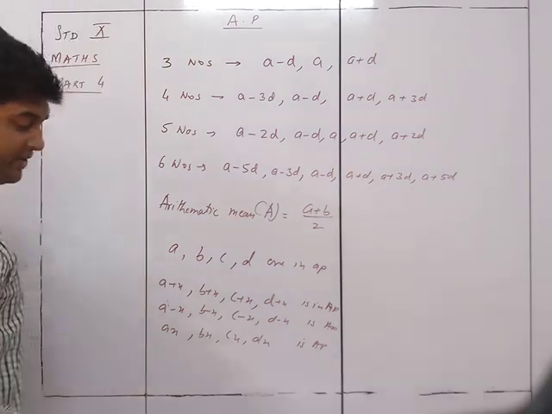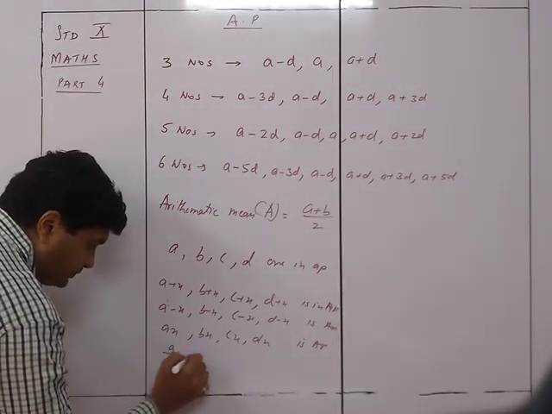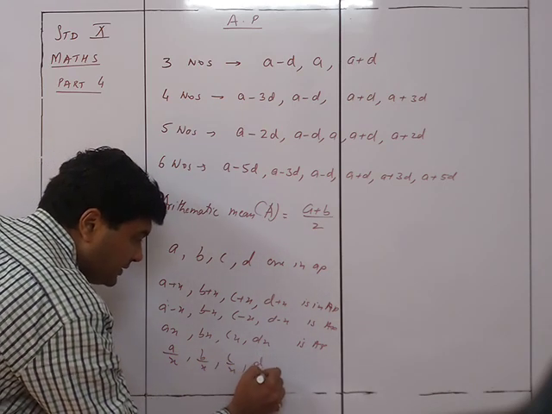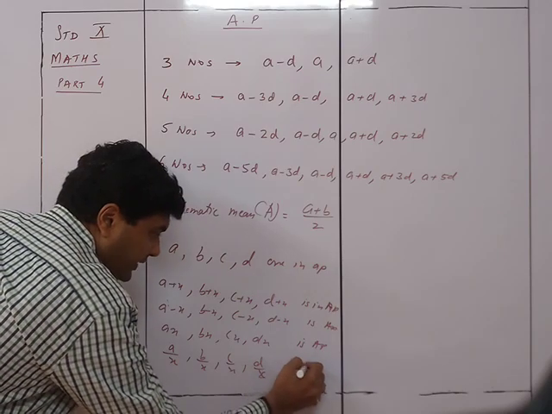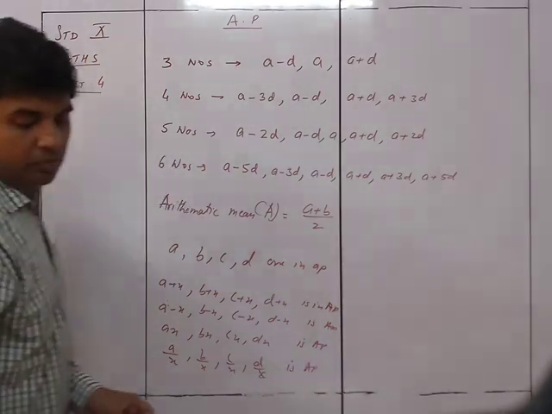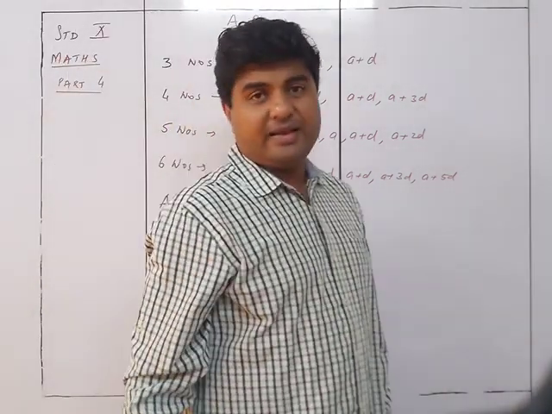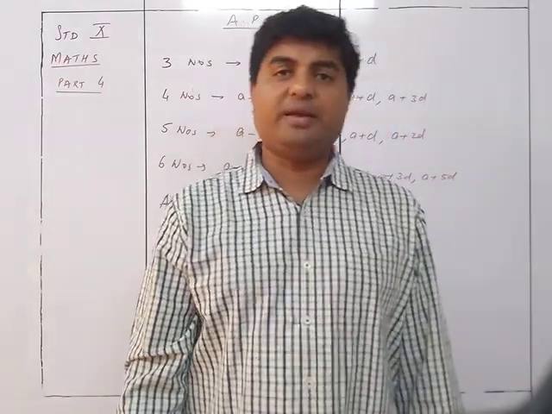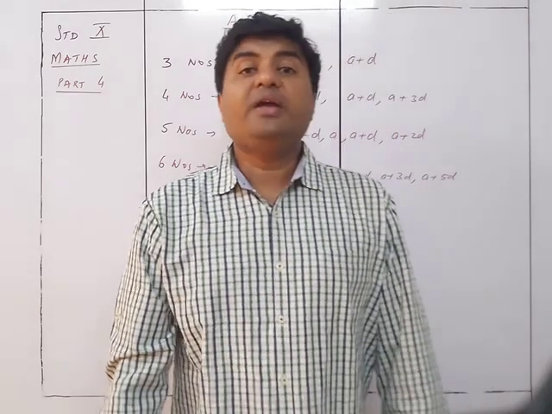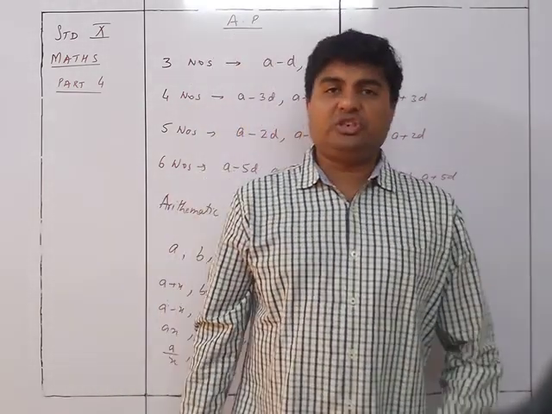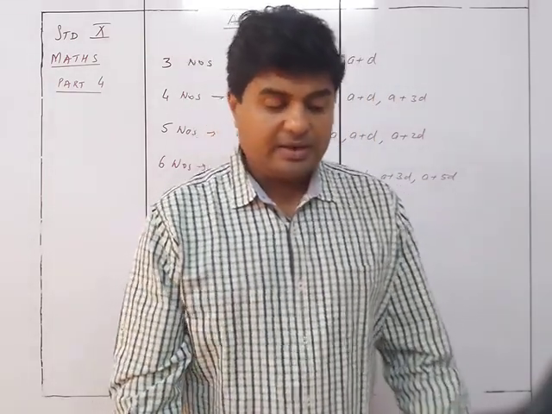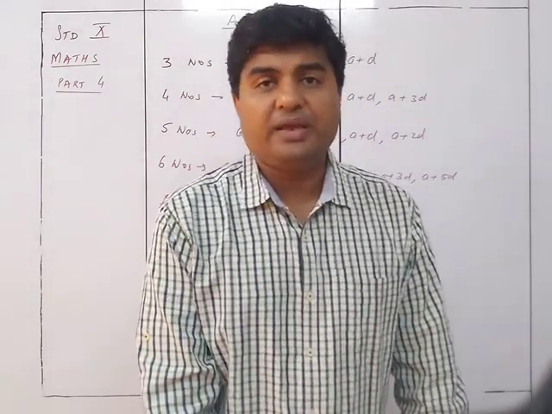Even if I divide, that is A upon X, B upon X, C upon X, D upon X is also in AP. So if any series is given to me as an AP, and I do the same operation to all the numbers, then the resultant will also be in AP.